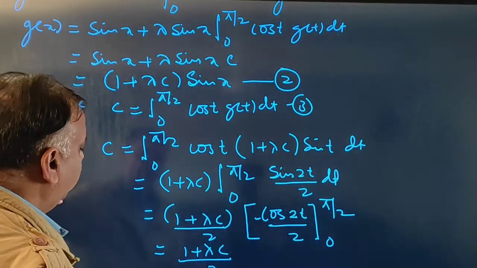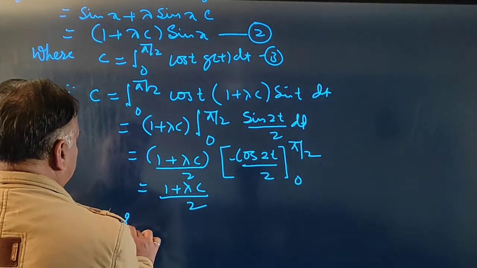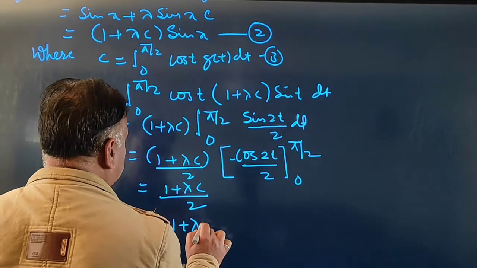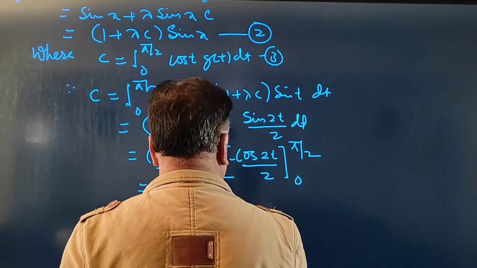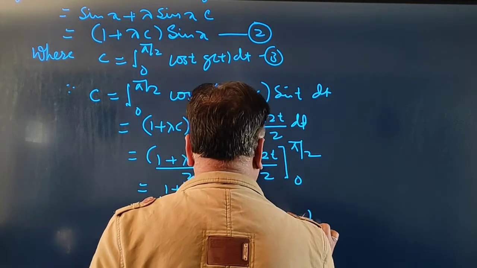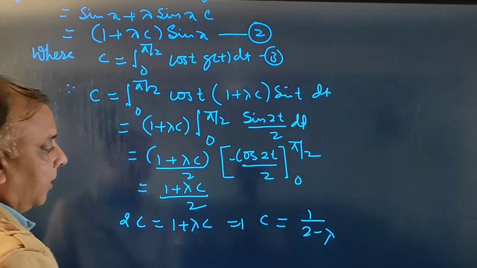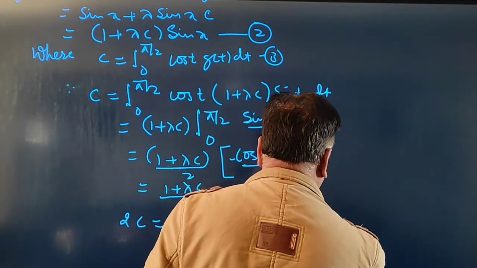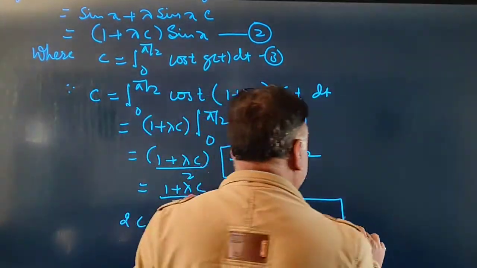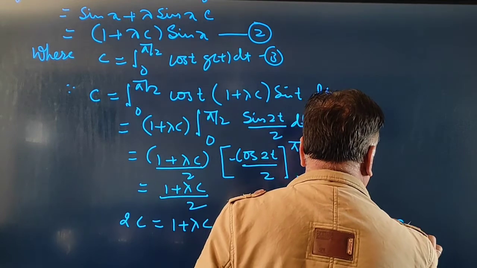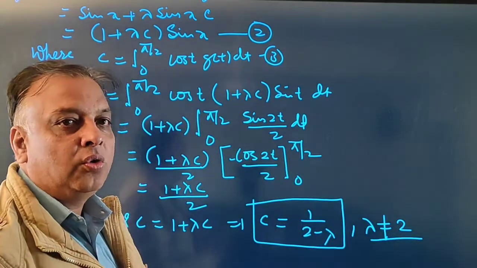So the value of c can be found as 2c = 1 plus lambda c, or c = 1 upon 2 minus lambda. The condition should be that lambda should not be equal to 2. So the value of c is 1 upon 2 minus lambda.